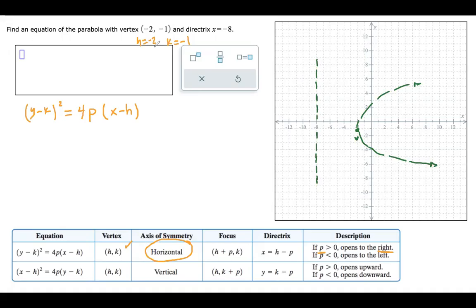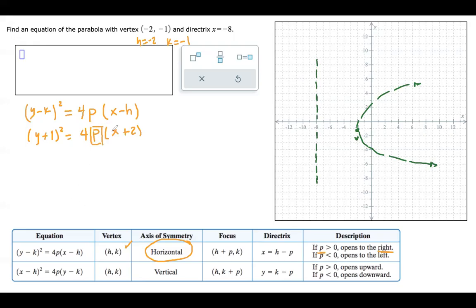Now that we know what h and k are, we have to substitute those in our equation. Just be careful, k is -1, so we're going to have y plus 1 squared, then 4p times x minus h, and h is -2, so x plus 2. Now that we have those elements, we need to find p.